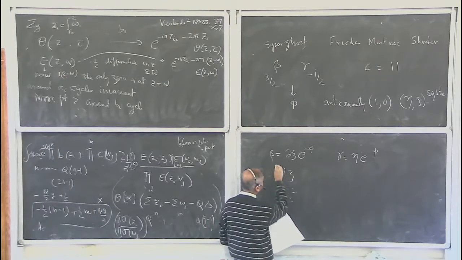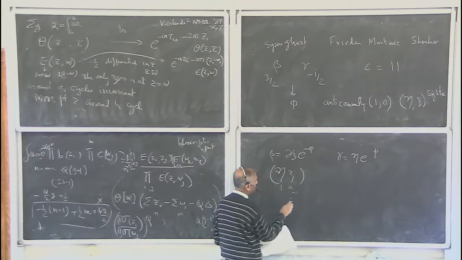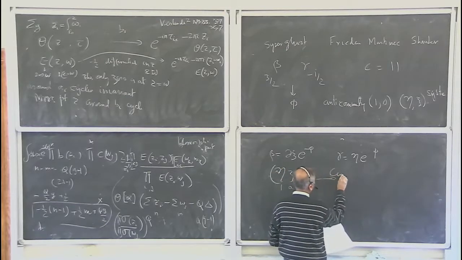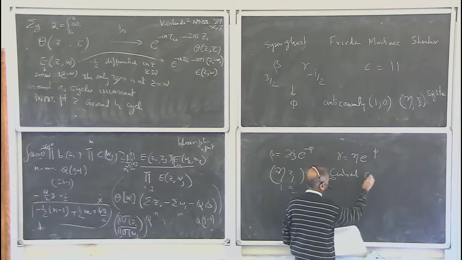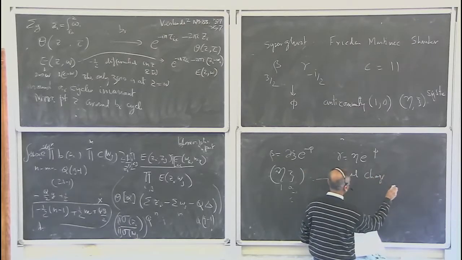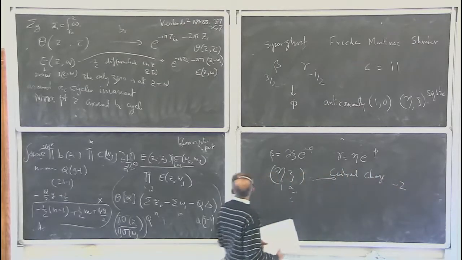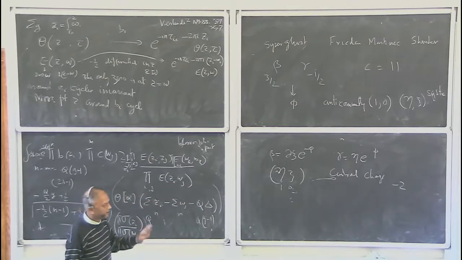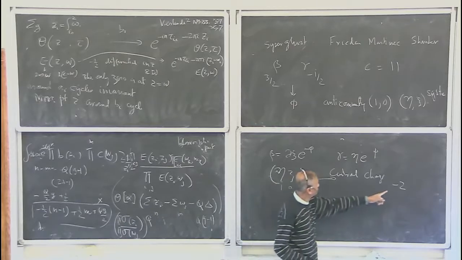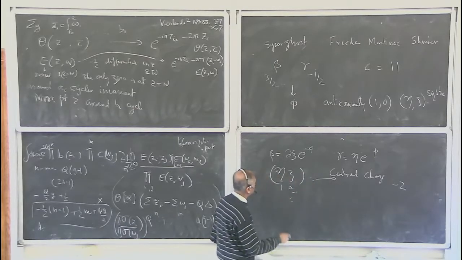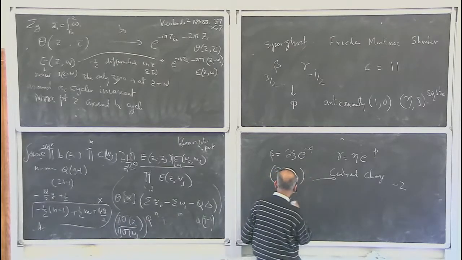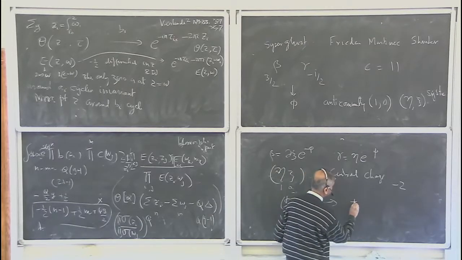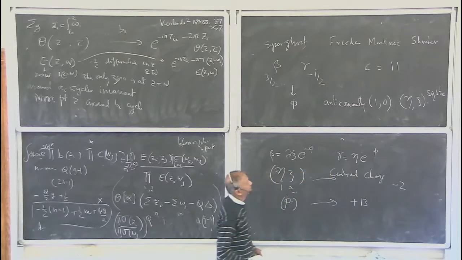the eta xi system, is of dimension 1-0. So its central charge will be -2, right? Because we have a general formula for the central charge for any anti-commuting system with different dimensions. And the central charge of the scalar field phi should better be +13, to get the total central charge 11.